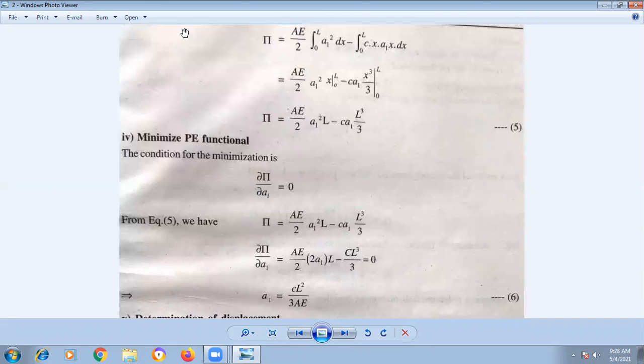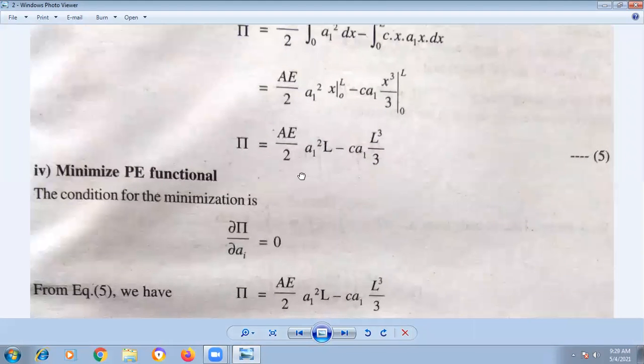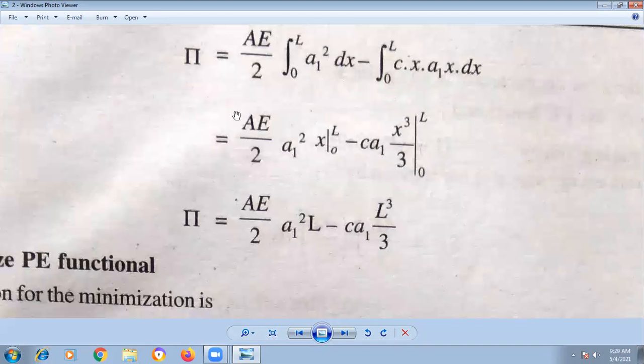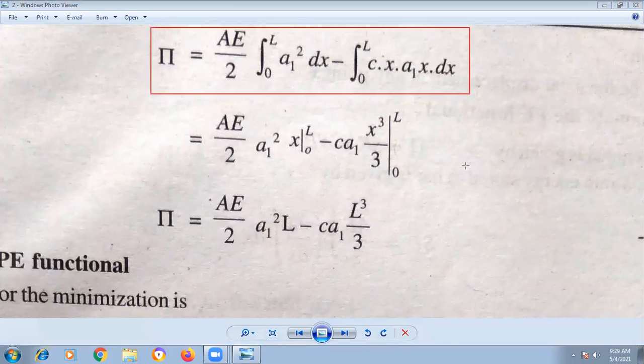That means for the potential energy to be minimum, we have to find the pi value and differentiate it with respect to A1. Now, substitute in the equation pi equal to AE by 2, instead of dou u by dou x, substitute A1, that is A1 square, with respect to x, minus the force q, which is given by c into x.